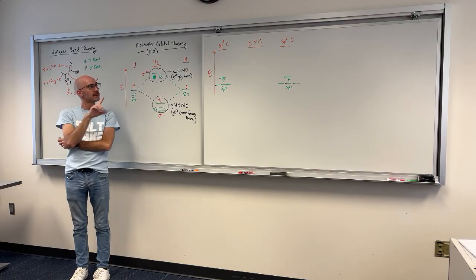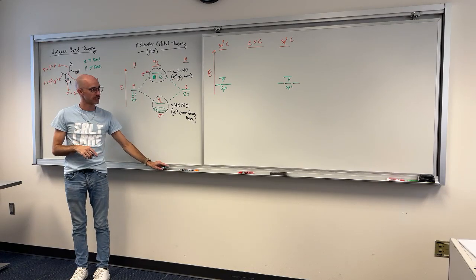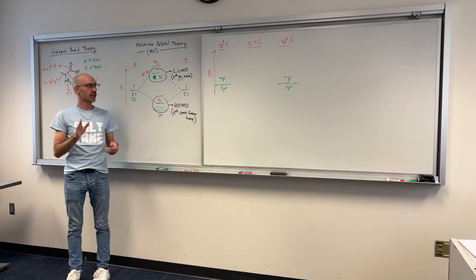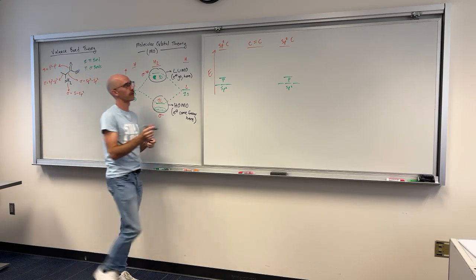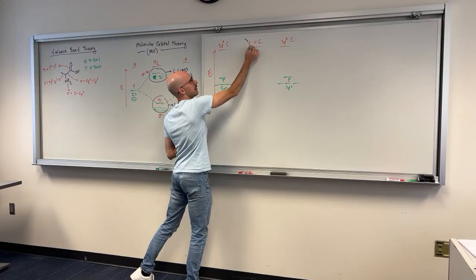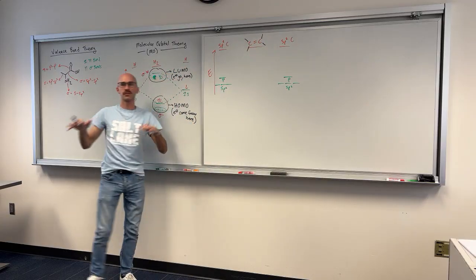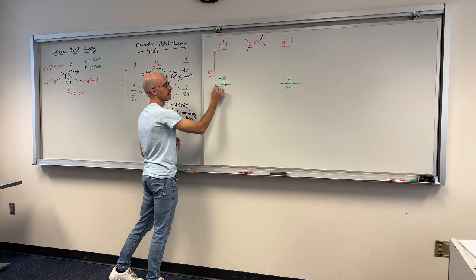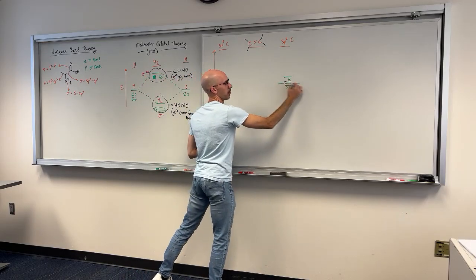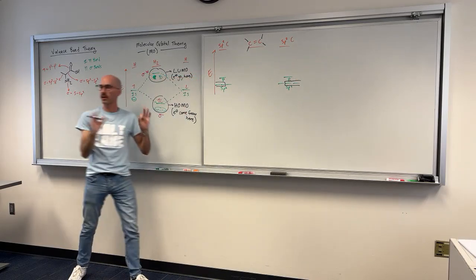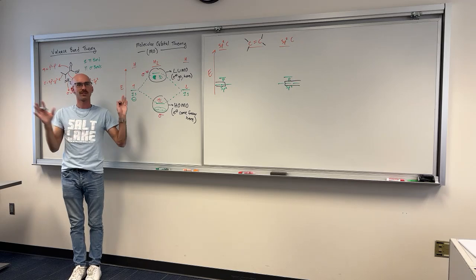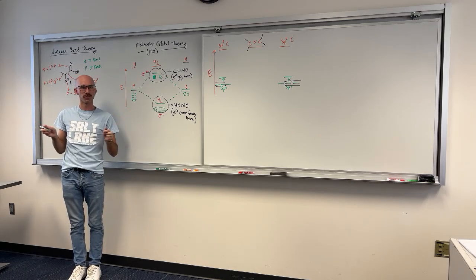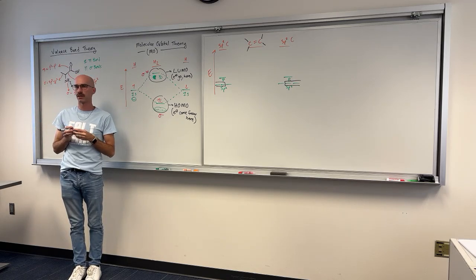Now, these sp2 hybridized carbons, they're not just bonding to each other with all of their orbitals. I think you would agree that they have other bonds going to other things, and those utilize hybridized orbitals. Those are sigma bonds. So we're going to ignore two of the sp2 hybridized orbitals because they won't be relevant here.